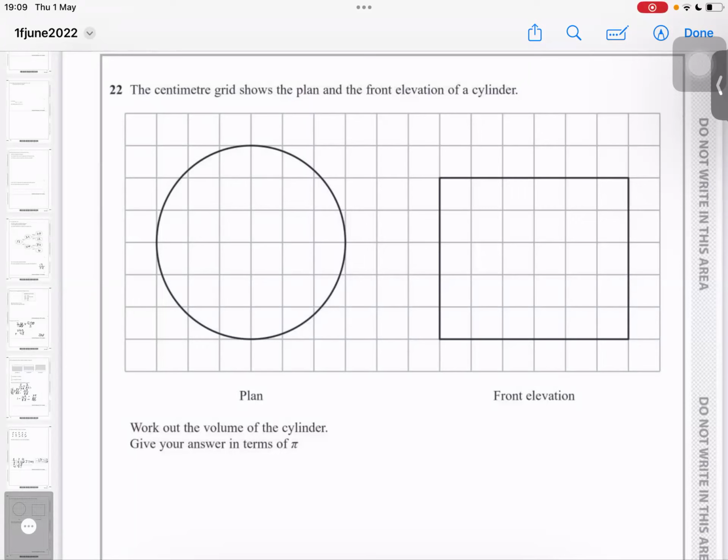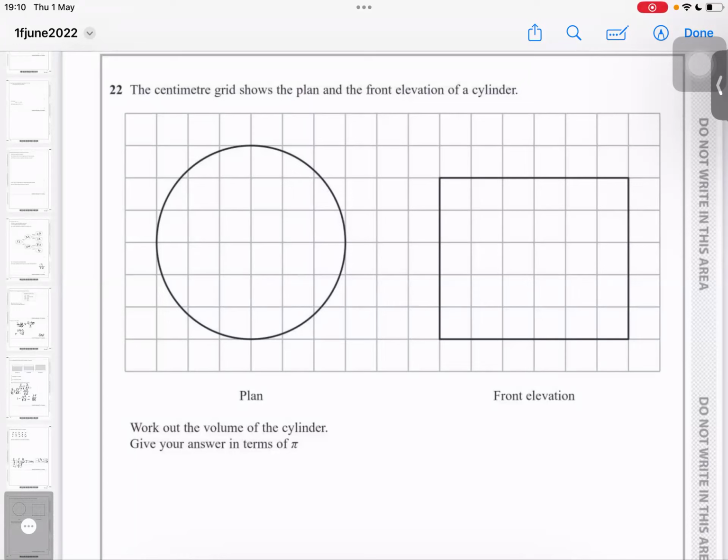So the question now is, what is the area of this circle? They told us that it's a centimeter grid. That means each of those boxes is 1 centimeter. So let's see what the radius of this circle would be. That's going to be 1, 2, 3. That's going to be 3 centimeters, right?